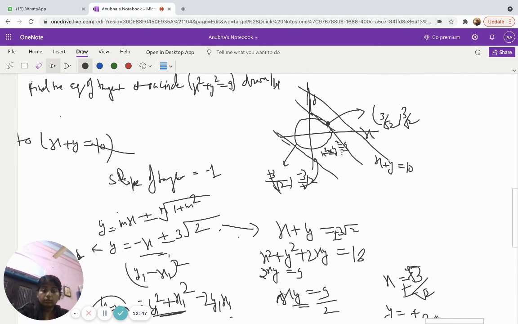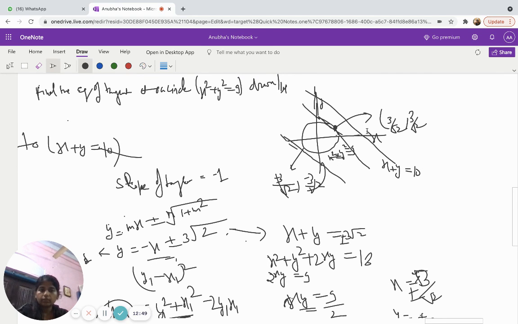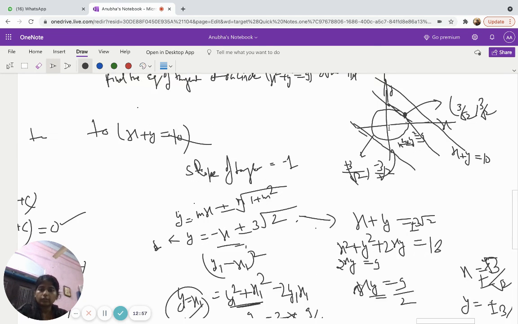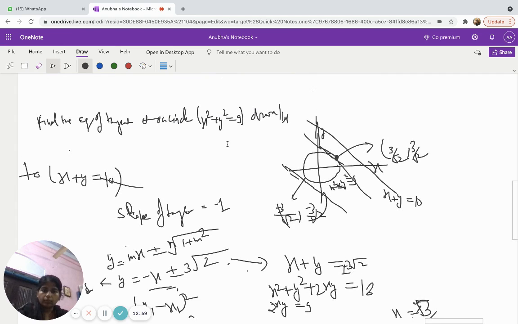So if this point is given to you, for example, if a tangent is drawn from 3 by root 2 comma 3 by root 2 and you need to find the equation of the tangent drawn to this circle, what do you do? You simply know that the equation of tangent is x x1 plus y y1 equal to 9.